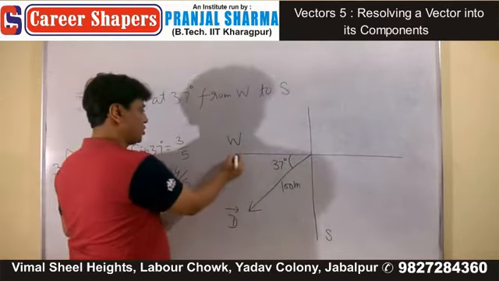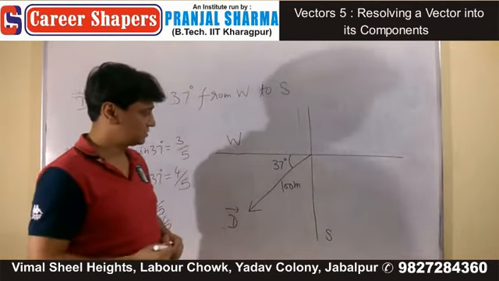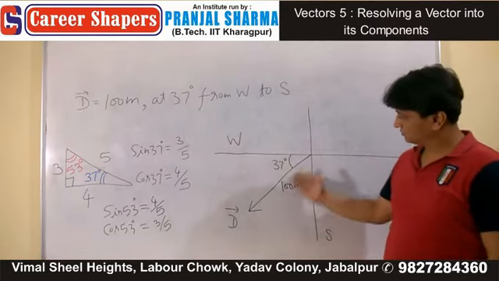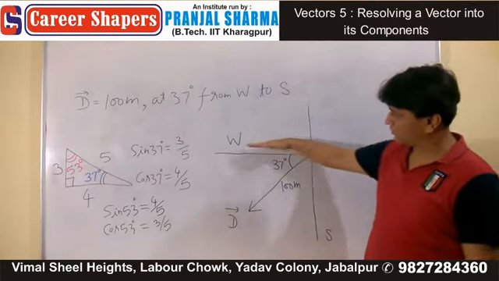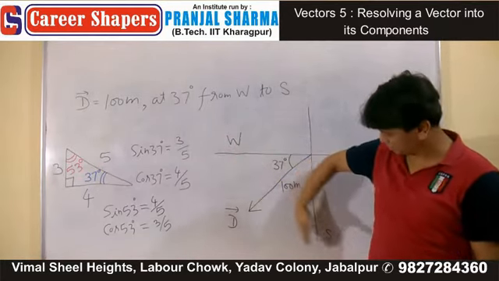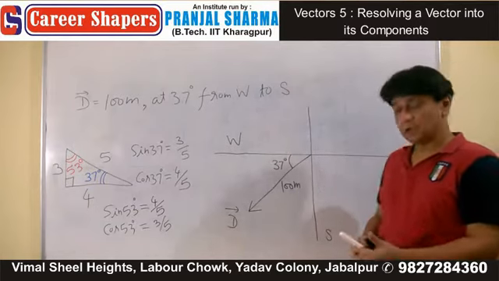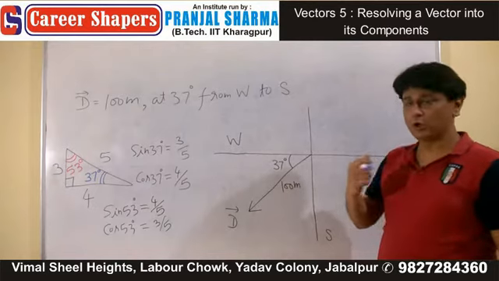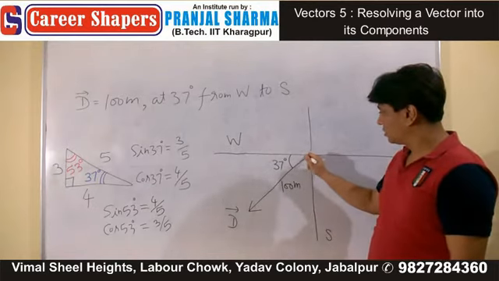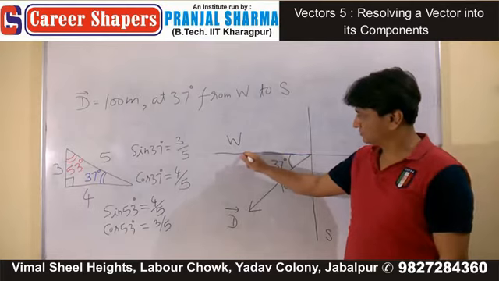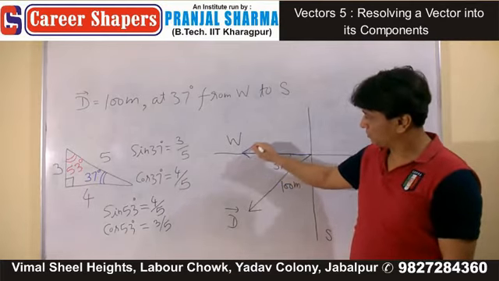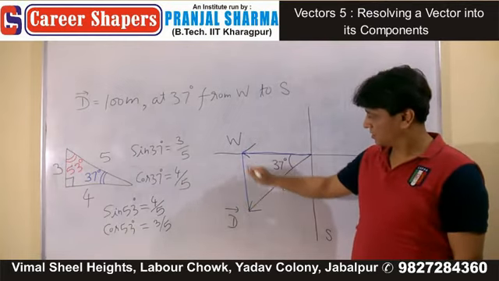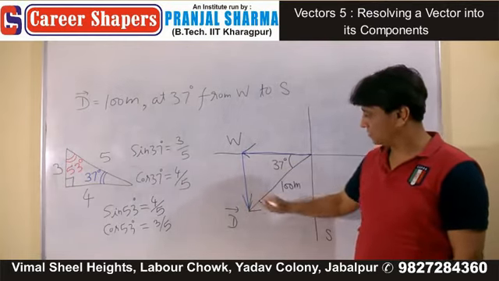Now, when you are given 100 meters at an angle of 37 from west to south, and I ask you to resolve the whole thing, you will move like this and draw the arrowhead.